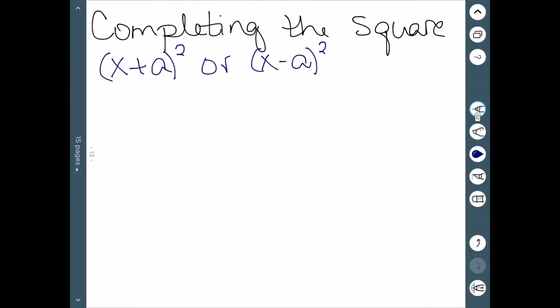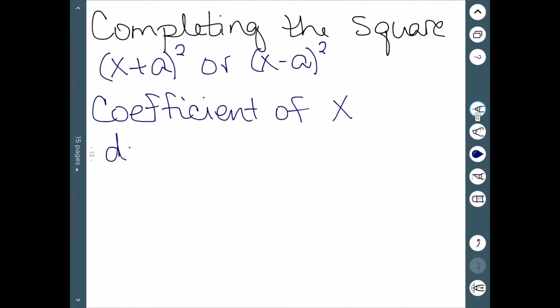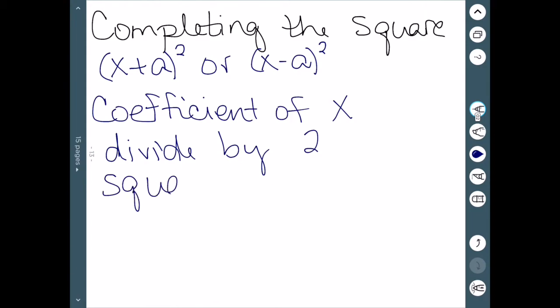And the way we're going to do this is we're going to take the coefficient of x, we divide by 2, and then we square the result. So let's look at some examples to help simplify this process and make sense of it.